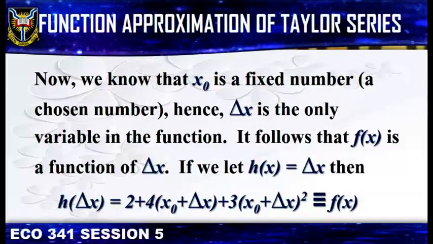Now we know that x naught is a fixed number, a chosen number. Hence, dx is the only variable in the function. It follows that f of x is a function of dx. If we let h function of dx be equal to f of x, then h of dx is equal to 2 plus 4 into bracket x naught plus dx plus 3 into bracket x naught plus dx squared, equivalent to function of x.